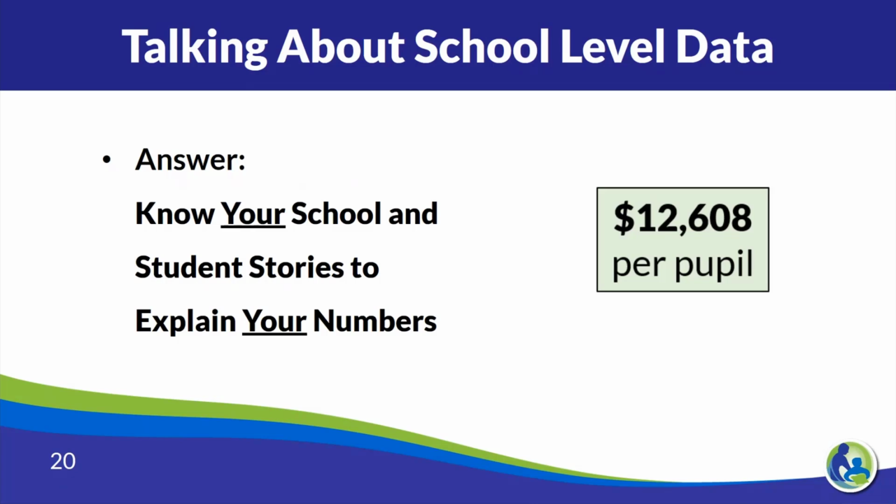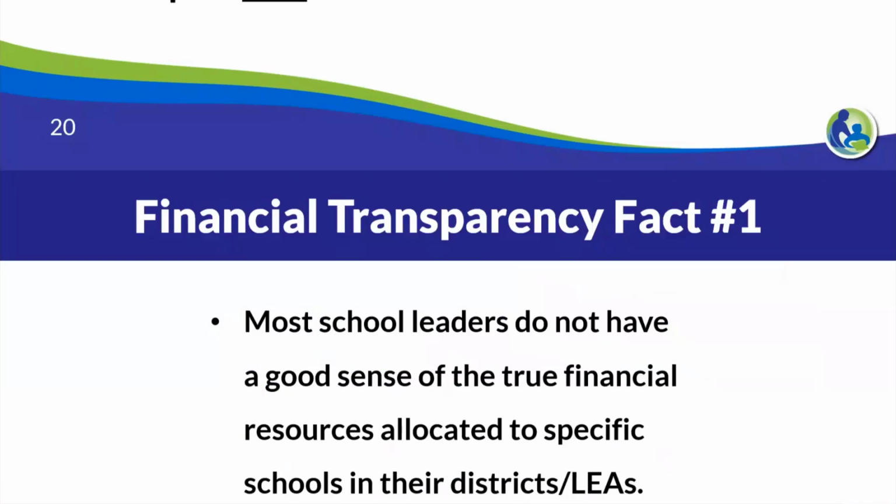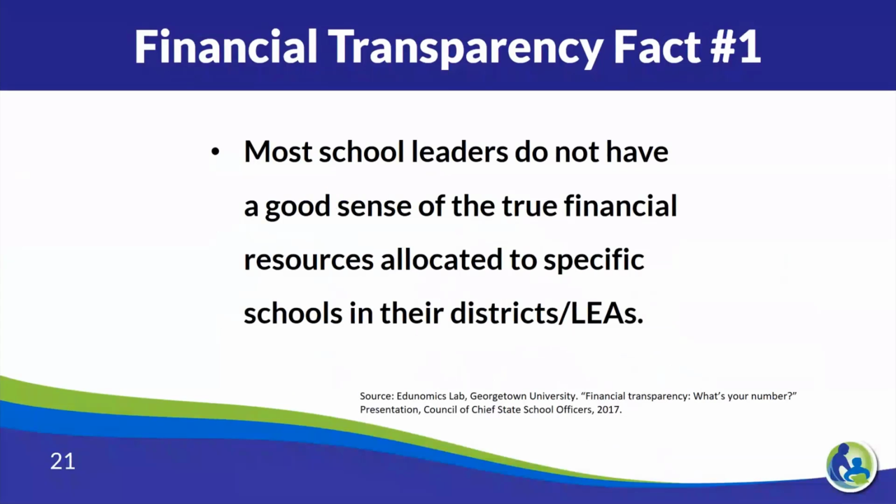The folks at the Georgetown Edunomics Lab, over a number of years, did some field research and interviewed many school leaders from across the country, superintendents, principals, folks like that. One thing they found is that most, not all, but most of the school leaders they interviewed didn't have a sense of the true and complete picture of all the financial resources allocated to specific schools.